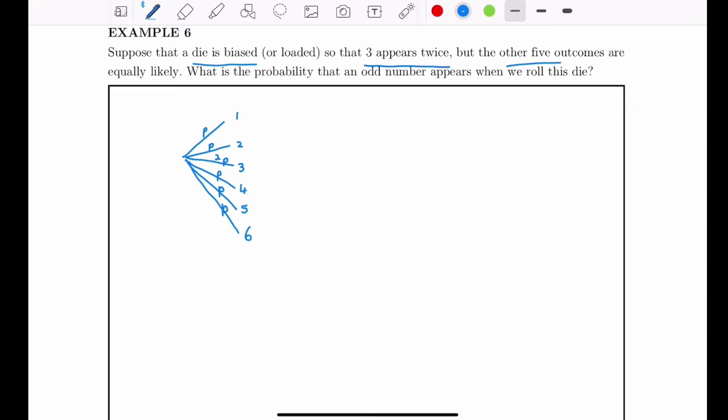Dan dia kata the other 5 outcomes are equally likely. Sama yang lain. Okay, so dia tanya dekat sini, what is the probability that an odd number appears when we roll this die? So, odd number, nombor 1, 3, 5.